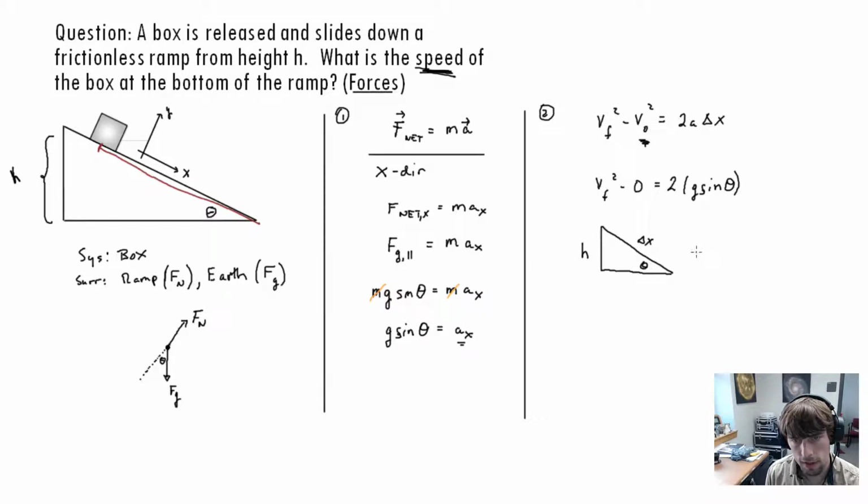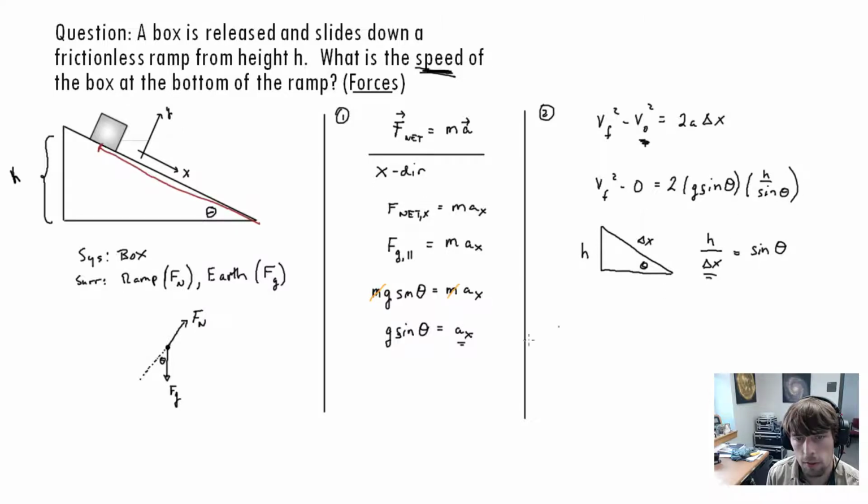So I can say that the height divided by my hypotenuse is equal to the sine of theta. Let's go ahead and plug that in. If that's the case, then I can write delta x as being h over the sine of theta.